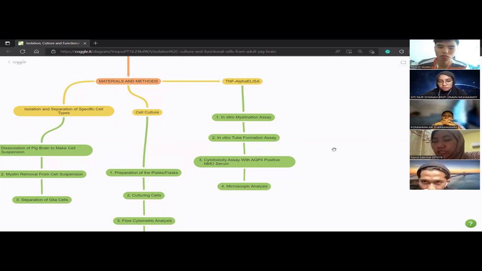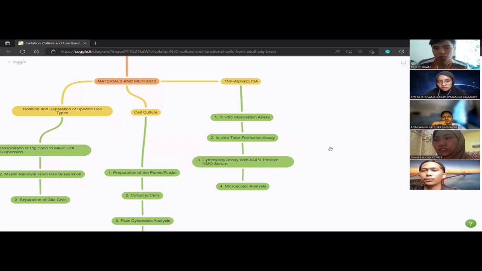In this part, only 2 materials are needed: poly-L-ornithine and laminin coated cover slips, as well as 10% of the human serum. The last one is microscopic analysis, for which the materials needed are an inverted fluorescent microscope and also AxioVision software. That is all for the materials.